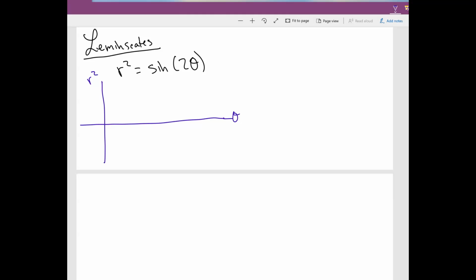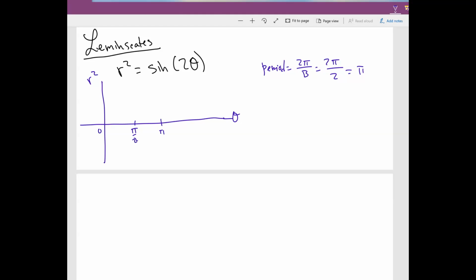Okay. So notice here, my period is going to be, again, 2 pi over b, which in this case is going to be 2 pi over 2, which is still pi. I'm going to go from 0 to pi. Halfway between is pi over 2.